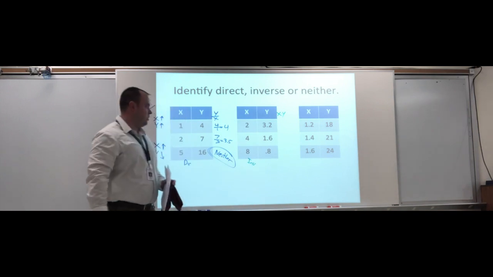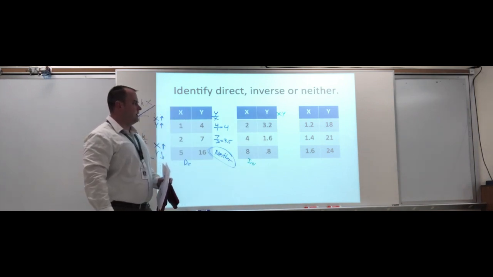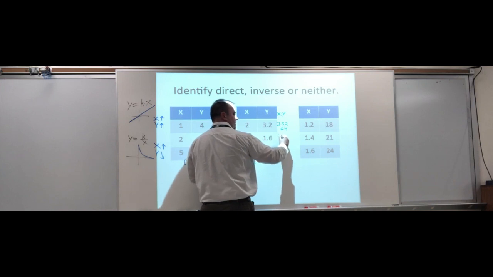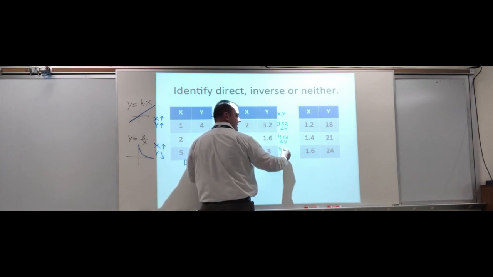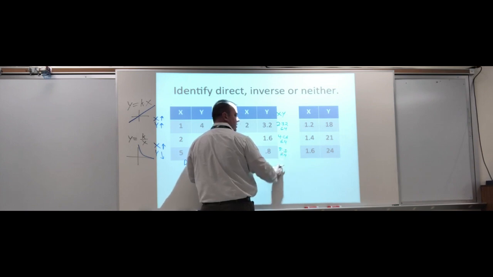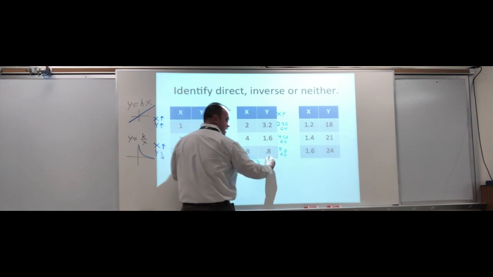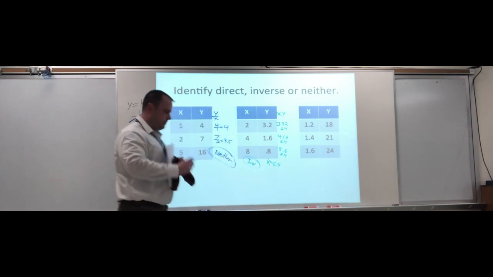If that's the same all the way through, then yes, we're going to be okay. So looking at this, we have 2 times 3.2, that is 6.4. 4 times 1.6 is 6.4. And 8 times 0.8 is 6.4. They're all the same, so yes, it is an inverse function, and our k is 6.4.